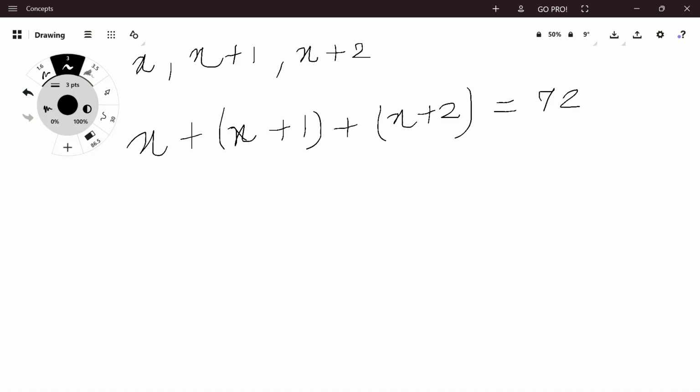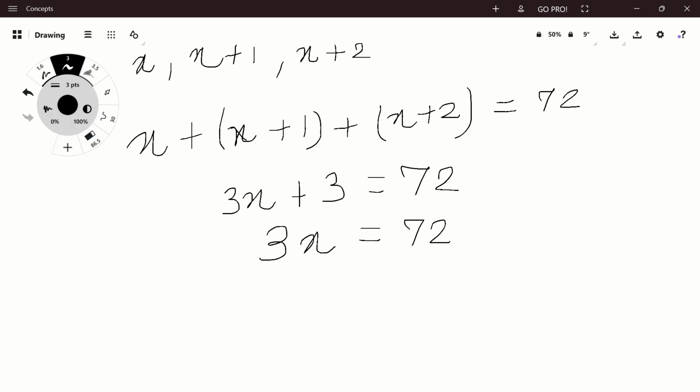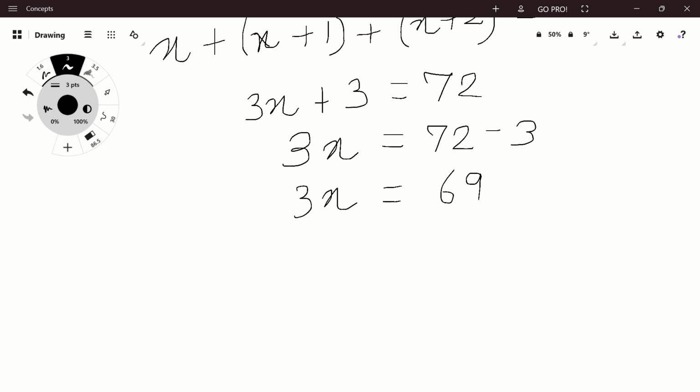Simplifying and solving the value of x, 3x plus 3 is equal to 72, which will be 3x is equal to 72 minus 3. So 3x will be equal to 69. Now x will be equal to 69 upon 3, which is equal to 23.